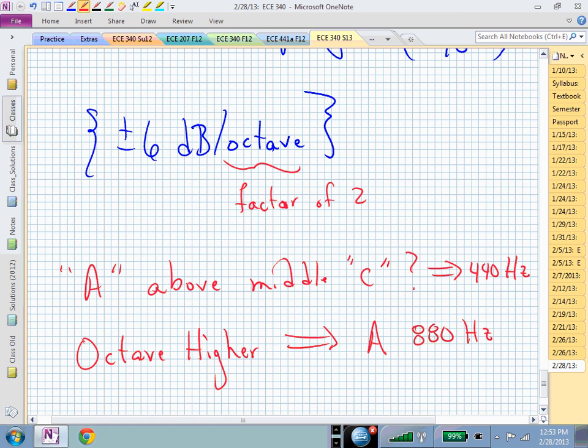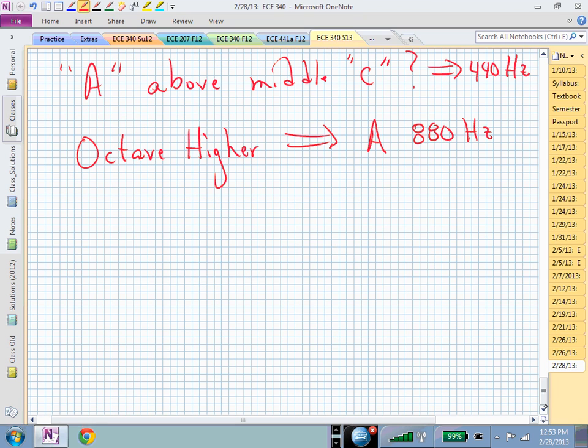Let's now just look real quickly at where this 20 dB per decade and 6 dB per octave come from.